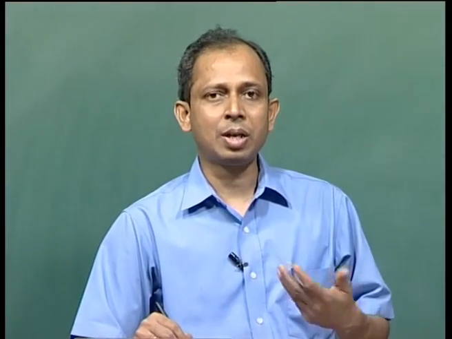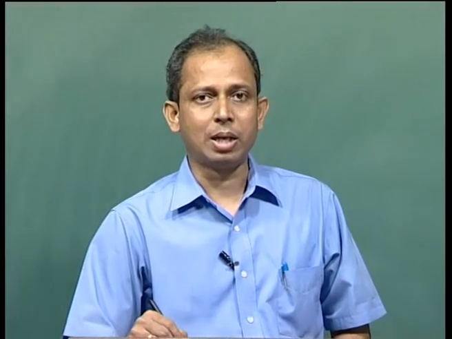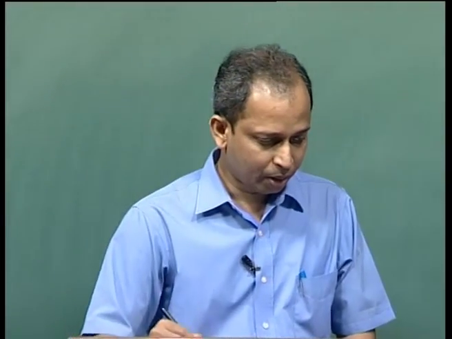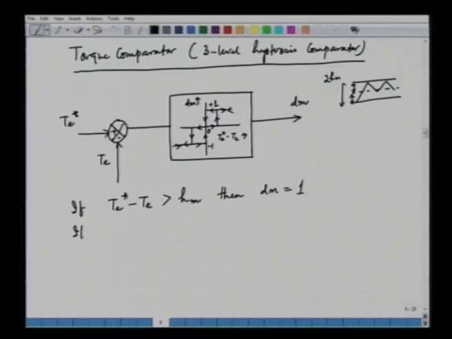If the torque has to be increased, the torque status has to be 1, d m equal to 1. And if the torque error T e star minus T e is greater than 0, it is less than H m, if it is within the upper band and previously the torque status was 1, then keep the status quo unchanged, then d m equal to 1.